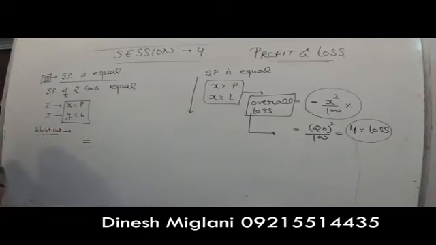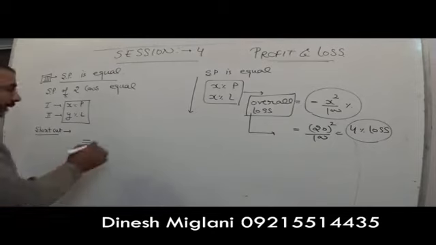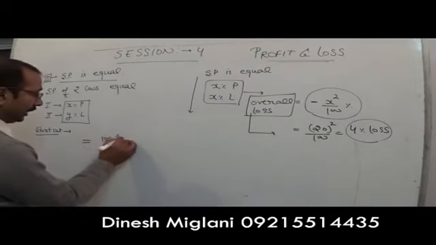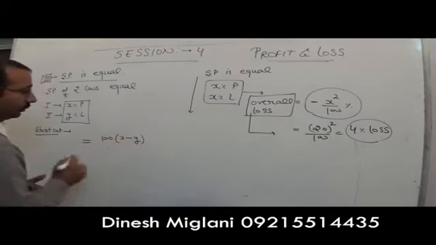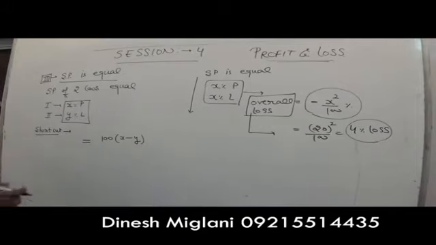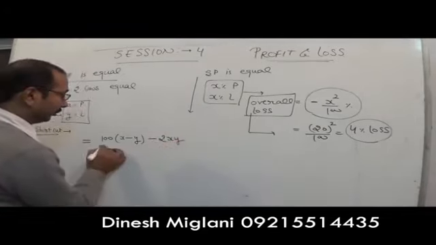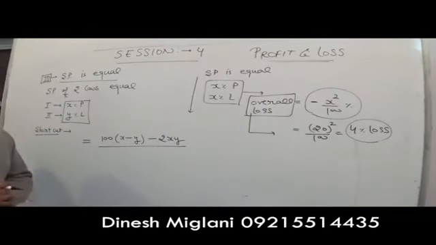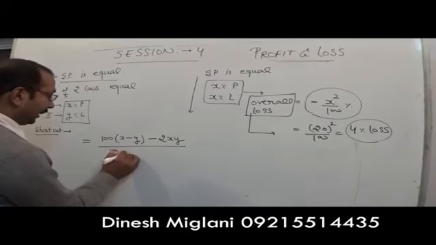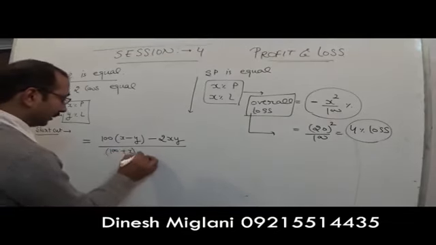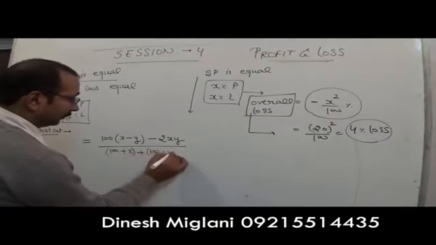What does this formula say, for X% profit and Y% loss? It states, simply, 100 into (X minus Y, because X is profit and Y is loss, minus 2XY) upon (100 plus X) plus (100 minus Y).